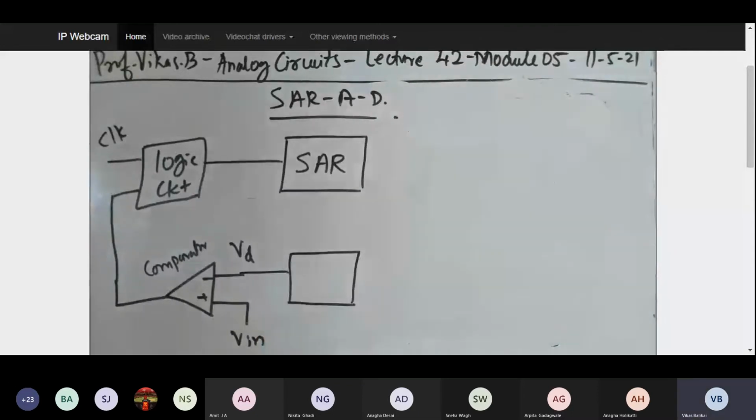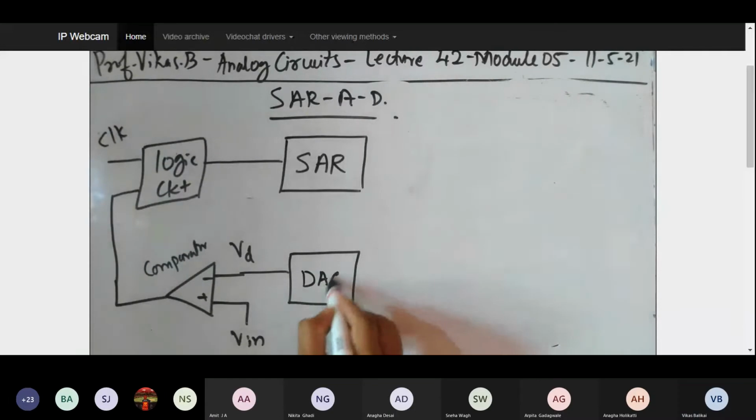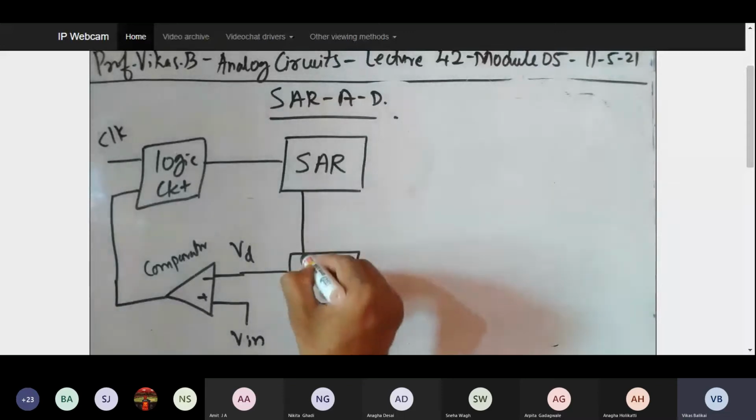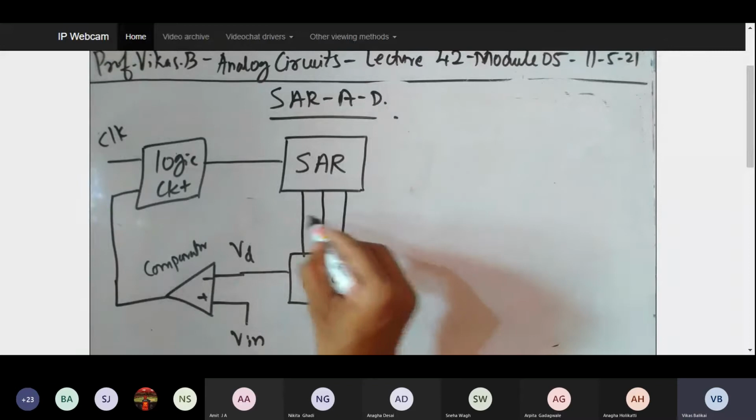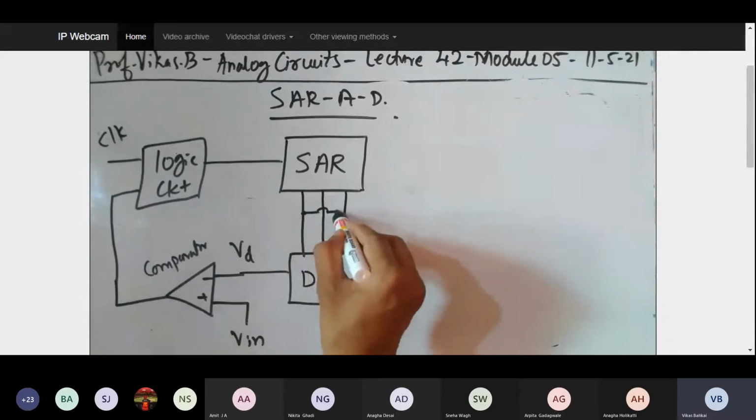Now when we are trying to understand the concept of A to D conversion, A to D conversion utilizes a D to A converter also. Here I am going to make use of a 3-bit converter, so that it will be easy for you to understand the concept.